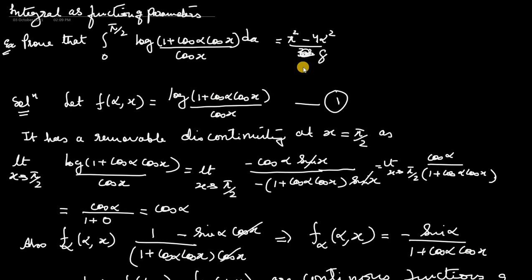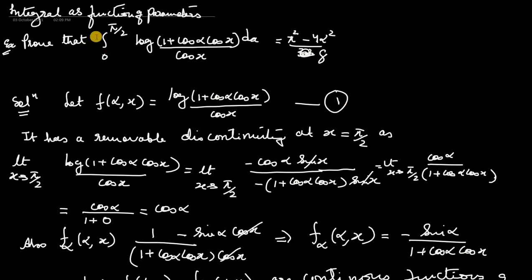Okay, so prove that integral 0 to pi by 2 log of 1 plus cos alpha cos x by cos x dx is equal to pi square minus 4 alpha square by 8. So as usual, take the value of f of alpha x to be this one, log of 1 plus cos alpha cos x by cos x. Then differentiate this one with respect to alpha, then you get the value of f suffix alpha of alpha x.